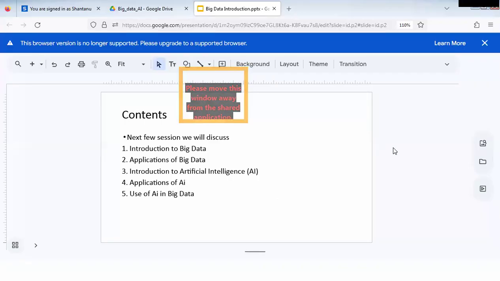Contents for the next few sessions: introduction to big data, applications of big data, AI, applications of AI, and use of AI in big data. We will discuss briefly some tools and some case studies, at an overview level.